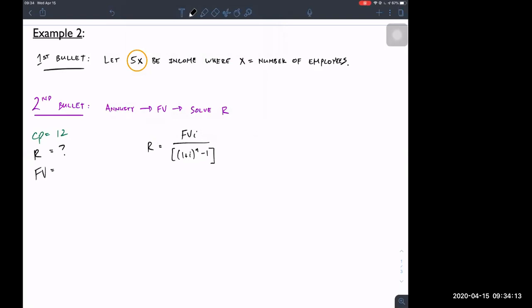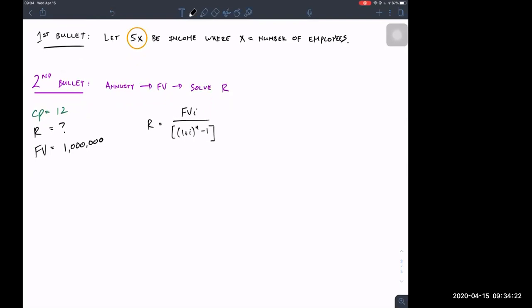Most people got this right, knowing that it was $1 million to start with. I'm just using these numbers from our example as a problem. But when I said in the instructions, write down the variables as if you would plug in to the annuity, I got this as an answer.